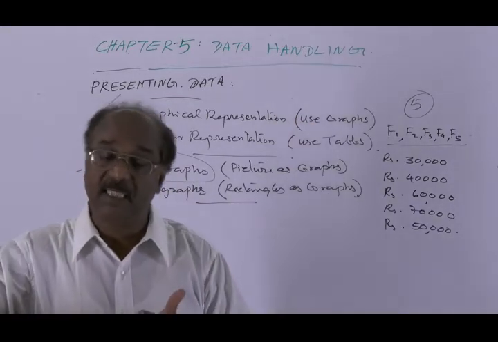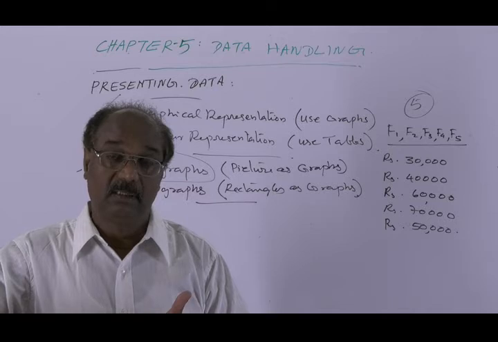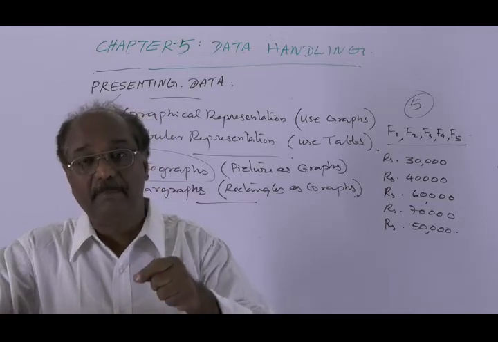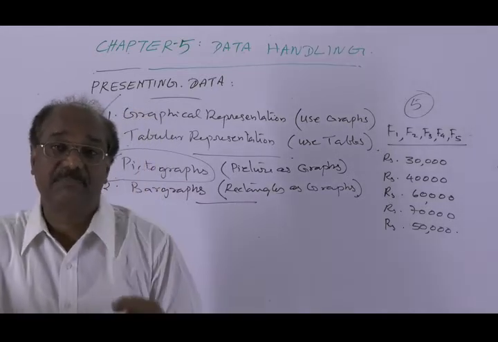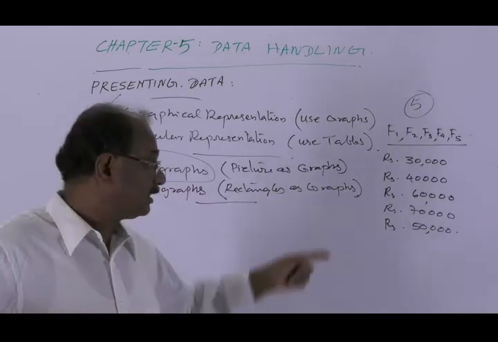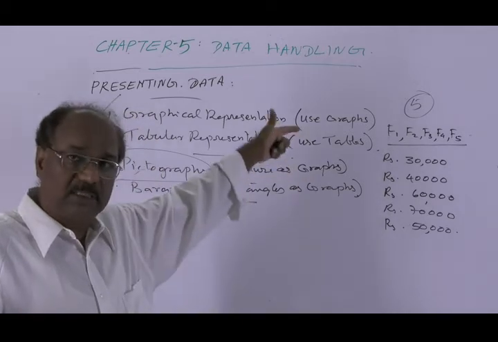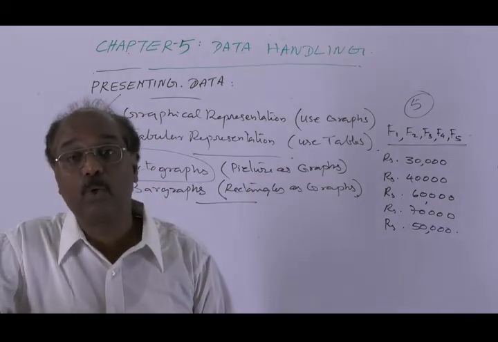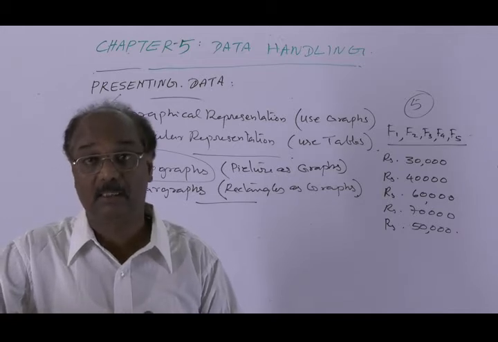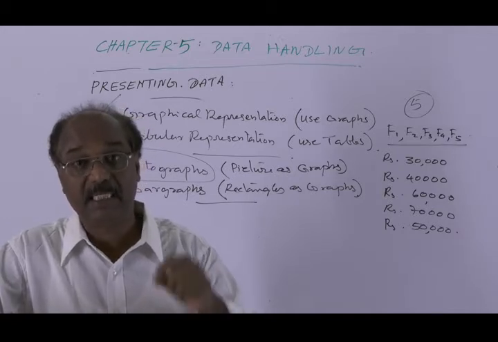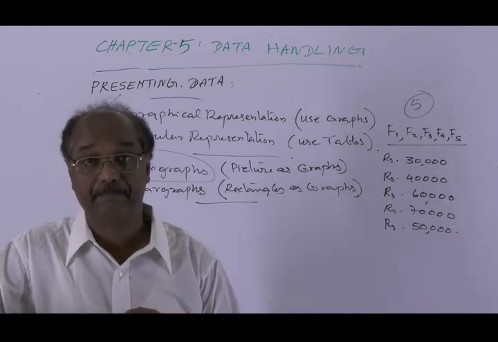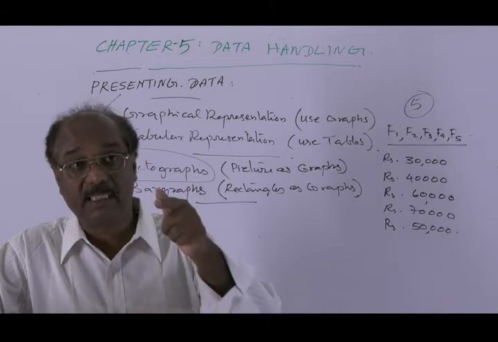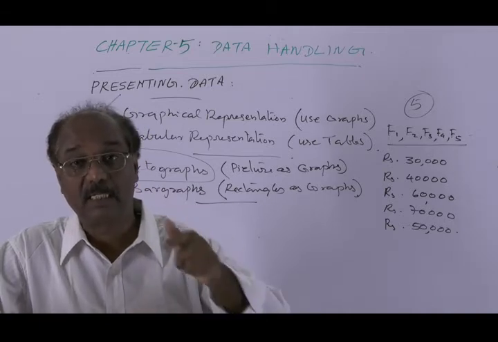What type of pictures? Any picture, but usually a suitable matching picture will be selected. Since this represents annual income in rupees, we can use the picture of a coin, taken as a small circle.